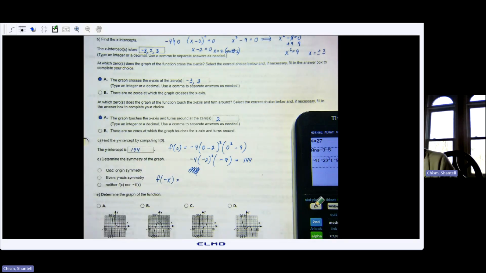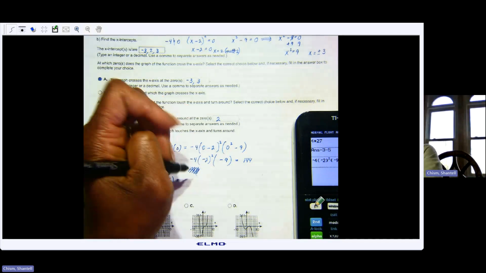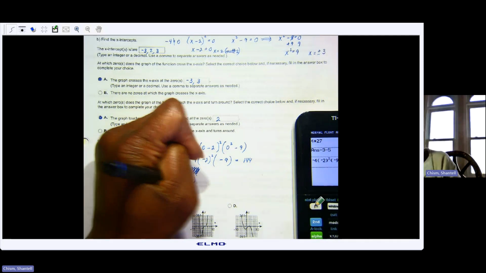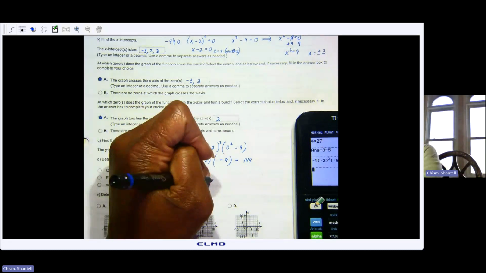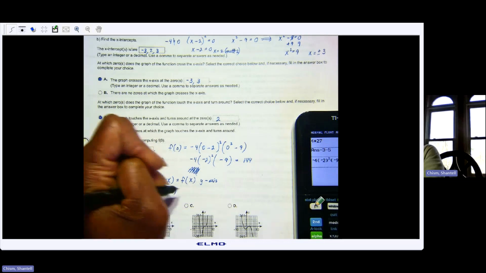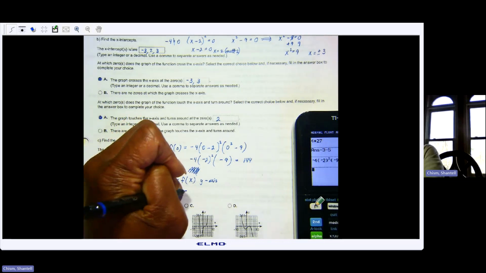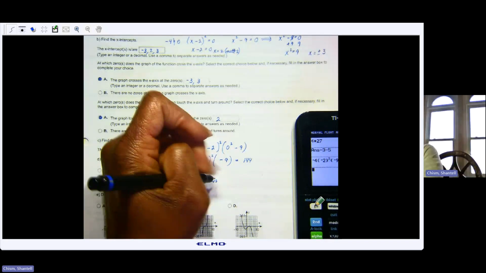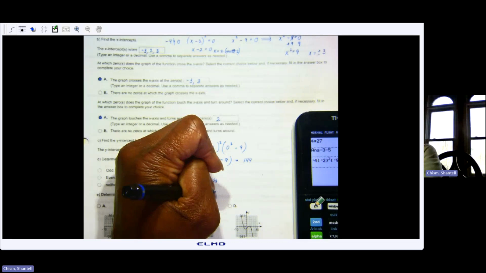If we plug in -x and we get back the original function, then we have y-axis symmetry. If we plug in -x for every x and we get the opposite of the function, meaning every sign gets changed, then that means we have origin symmetry.